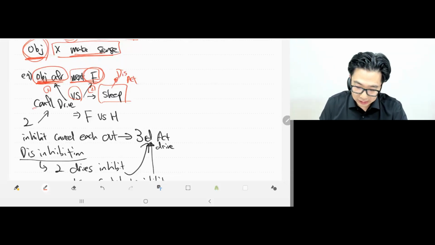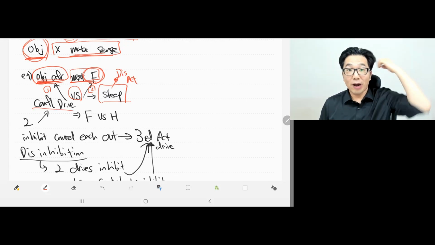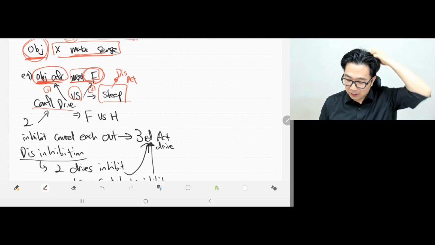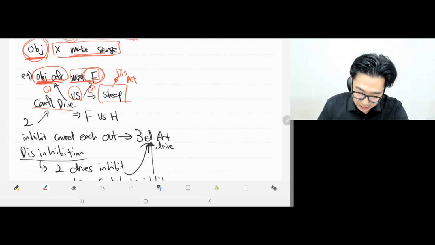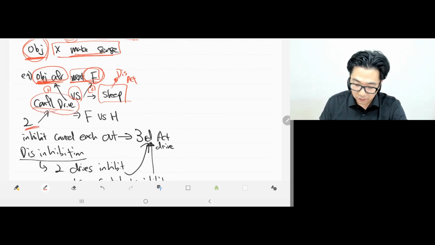The professor says, that's exactly right. So the animal had two conflicting drives: fear, to run away from the object, or hunger, to go and actually take the food.